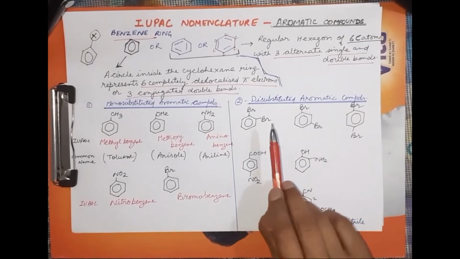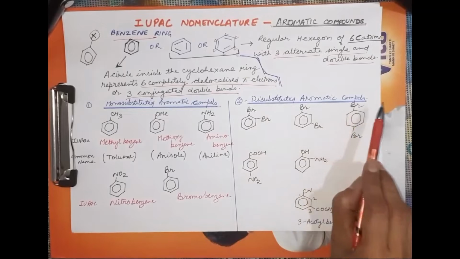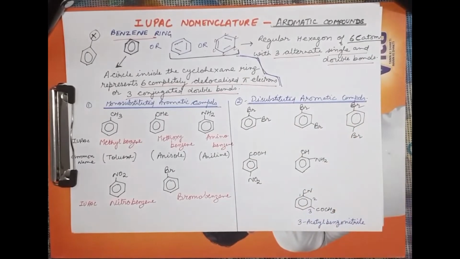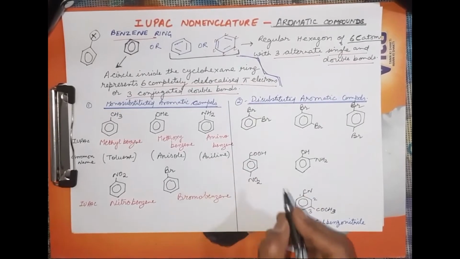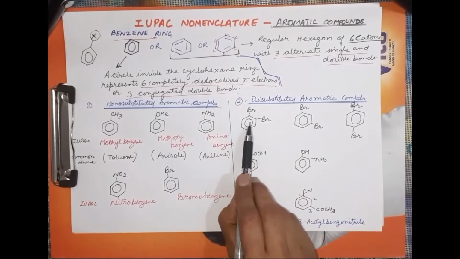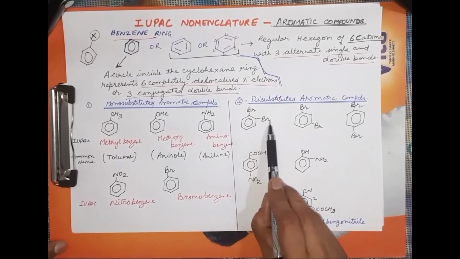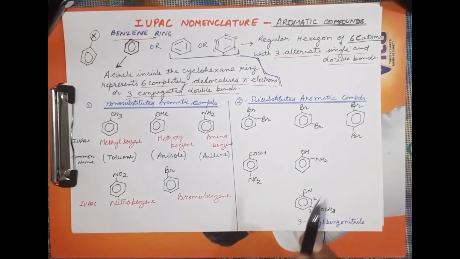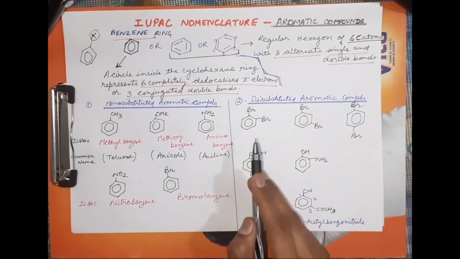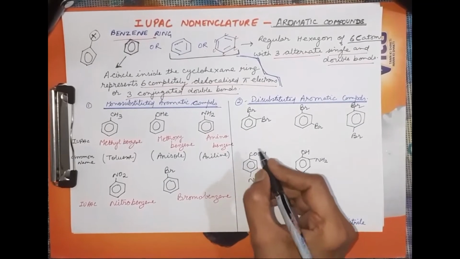Then going further, di-substituted aromatic compounds, when 2 substituents are present on the benzene ring. In this case, all these examples have two bromine groups, but the positions are different. First let us see the IUPAC name.